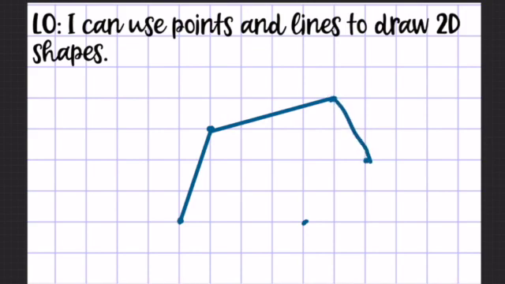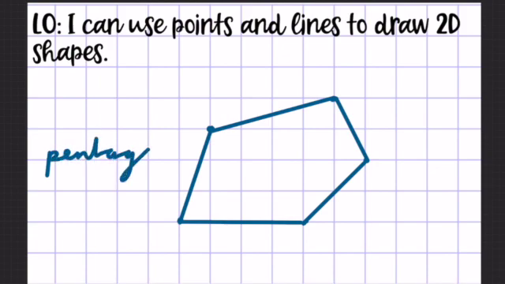Again, made a mistake there. 4 and 5. And we'll write here pentagon, and actually we need to write irregular pentagon.